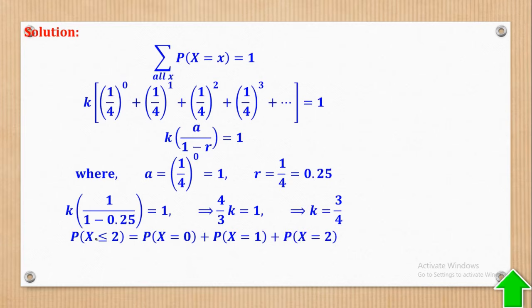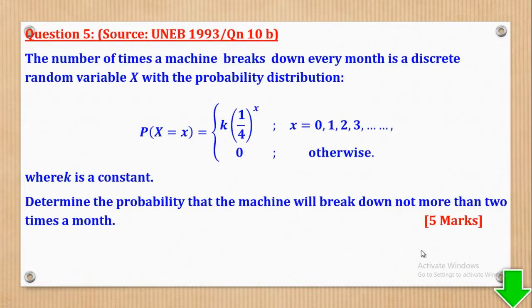But they wanted the probability of not more than 2. That means x is less than or equal to 2. If we go back to this, less than or equal to 2 means that we want this, we want this, we want this, but from this onwards is not needed.